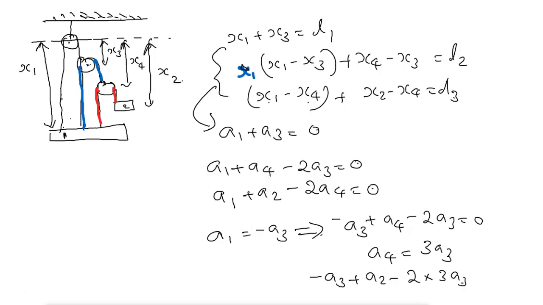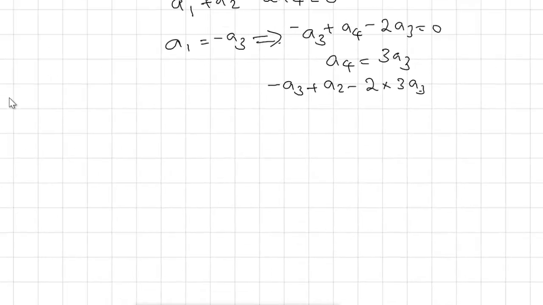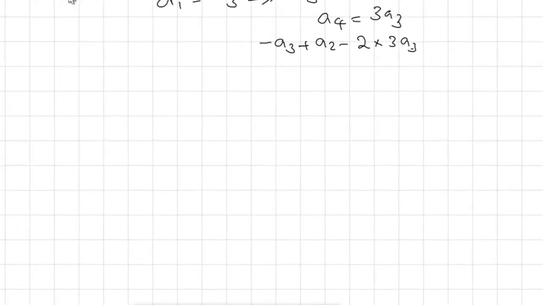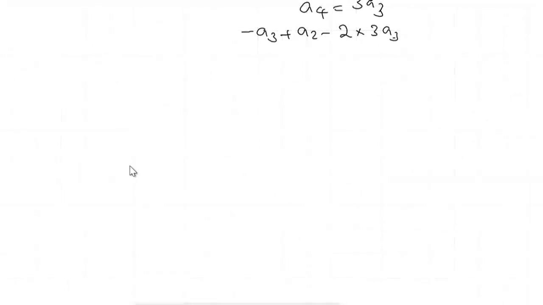So while we are solving this, we will get the equation equal to 0. Here this will become a2 minus 6 plus 1, minus 7a3 equals 0.